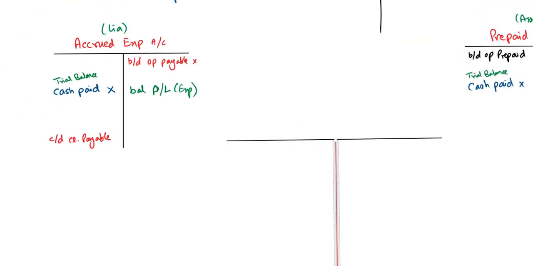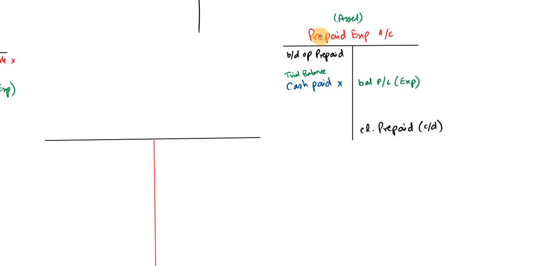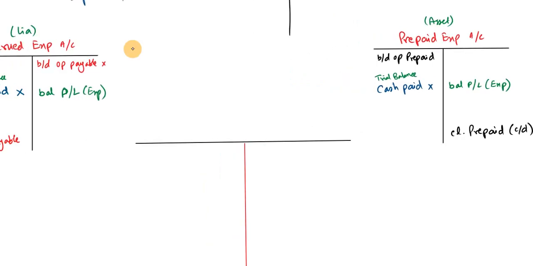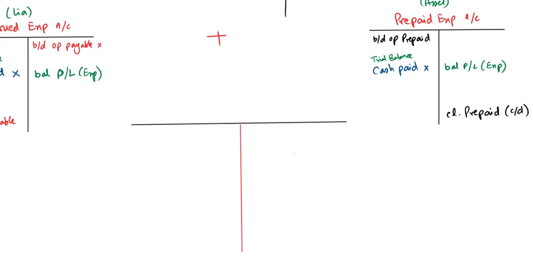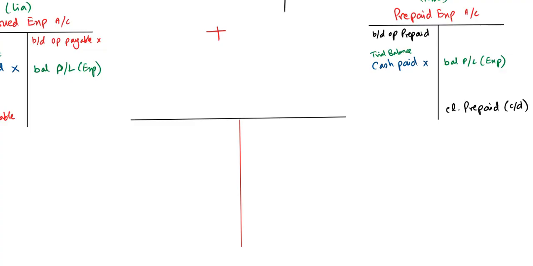If we are opening a single account, then we will write accrued expense account, and if we are opening the single account for prepayment, then we will write prepaid expense. Now we are going to combine the accrued expense and prepaid expense accounts. The name of this account will be only the expense account.